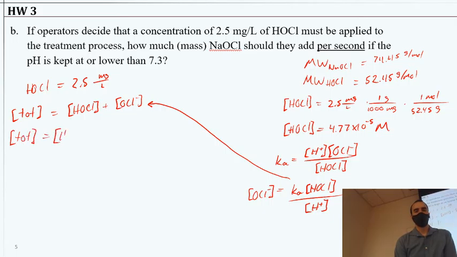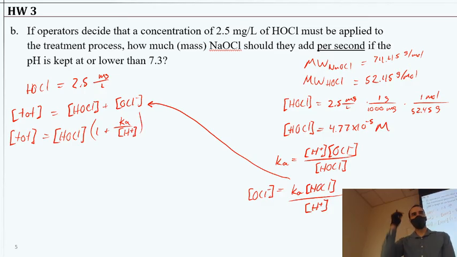So this will be essentially HOCl, and we could even factor out the HOCl from those two terms. That would be 1 plus Ka over H plus. You don't have to do that factoring out. You can just put it in there in both spots, so there's no problem. I just thought it was nice and simple to do that.